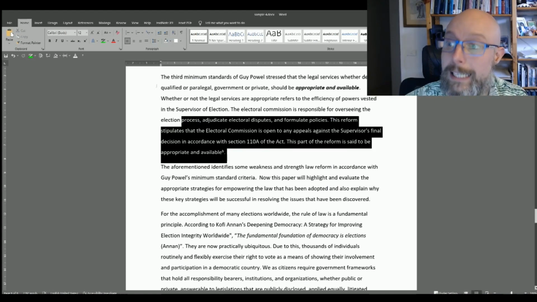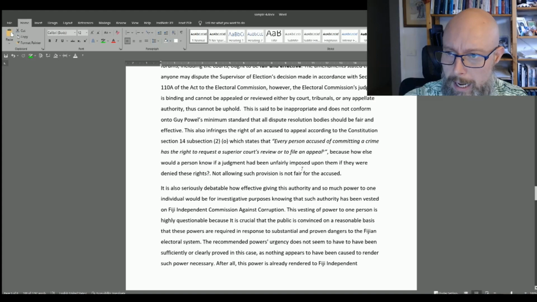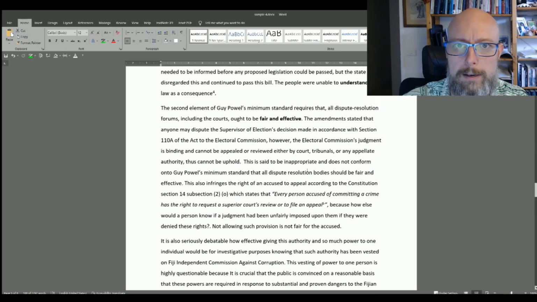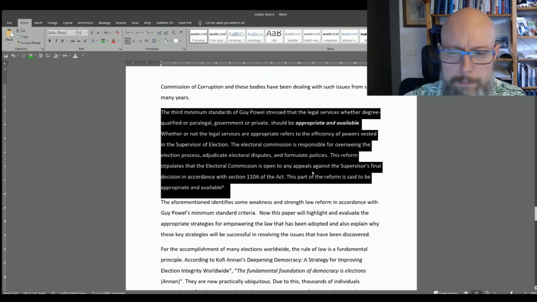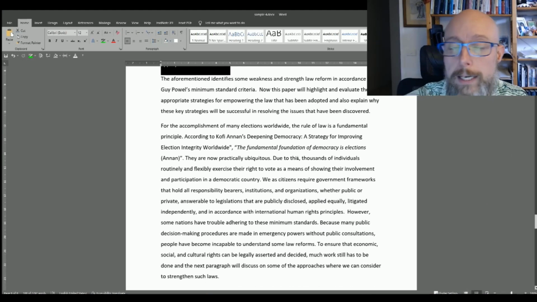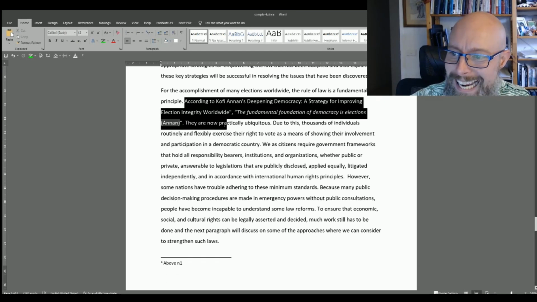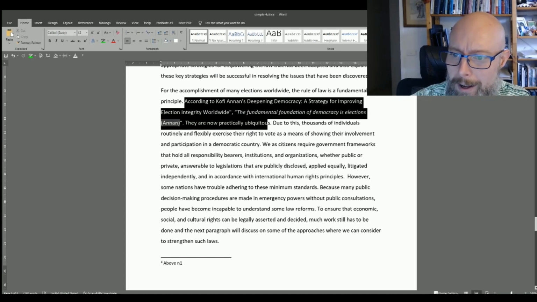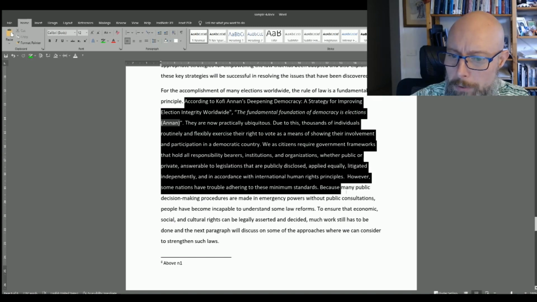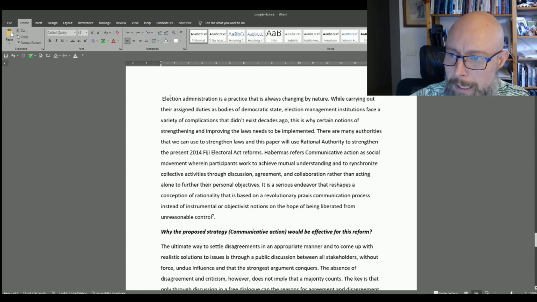So it is appropriate and available apparently, but it's not fair and effective, but it's appropriate, and it's confusing, right? Internally inconsistent argument. We've now talked about Kofi Annan. Okay. We require governments do things. Okay, again, not sure what Kofi Annan's doing about this.